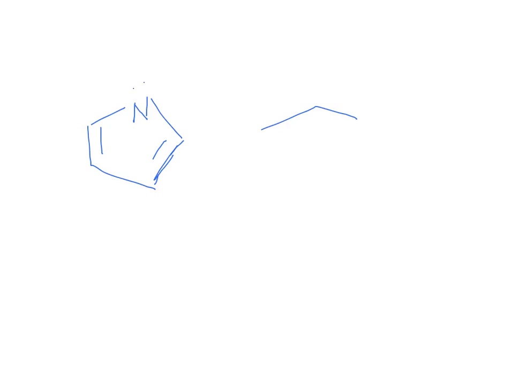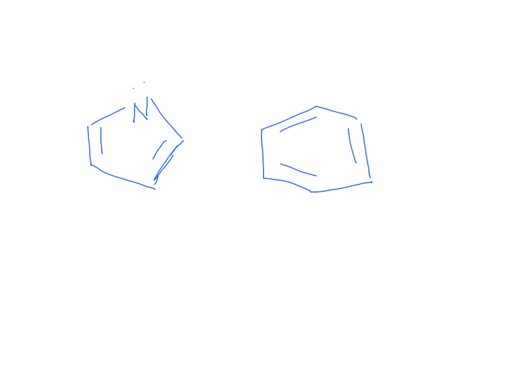Let me get rid of these extra lines. Your structure of pyridine looks like this. Those are 2 lone pairs of electrons. And then your benzene ring looks like this.